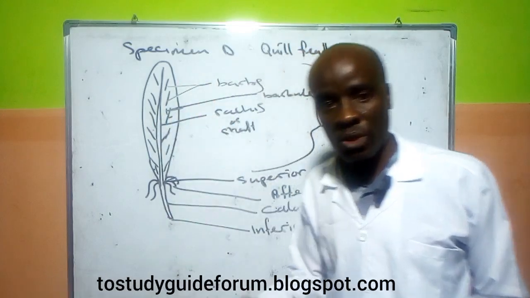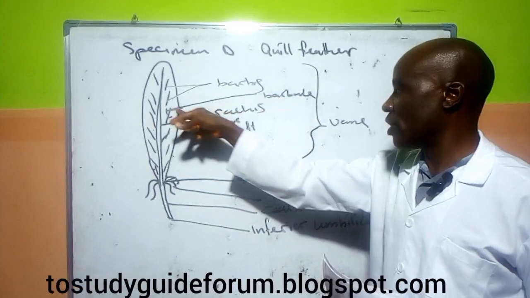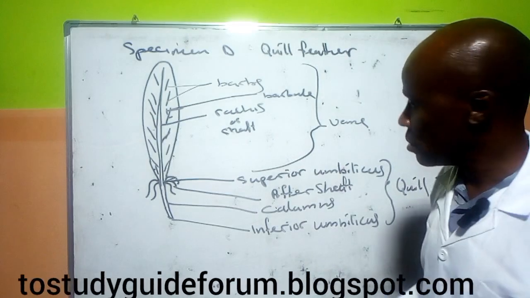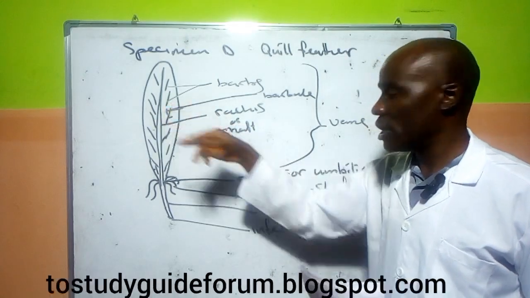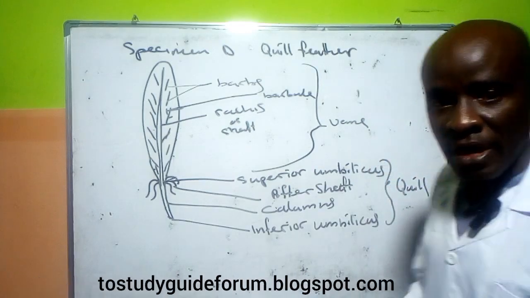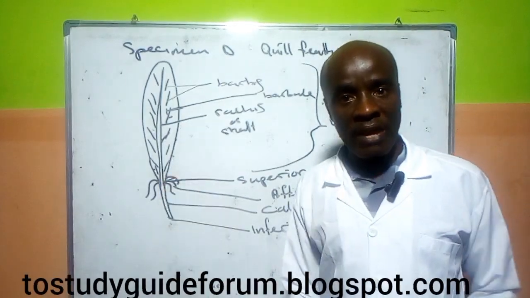These barbs interlock each other by what we call the barbules. The barbules are what they use to interlock each other so that they will give a very good resistance to the wind when they are flying.